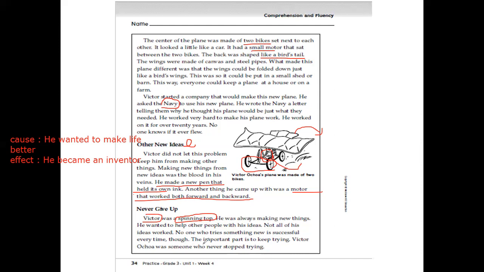This is the lesson of the passage here. The important part is to keep trying. Victor Okwa was someone who never stopped trying. So what did we read here?